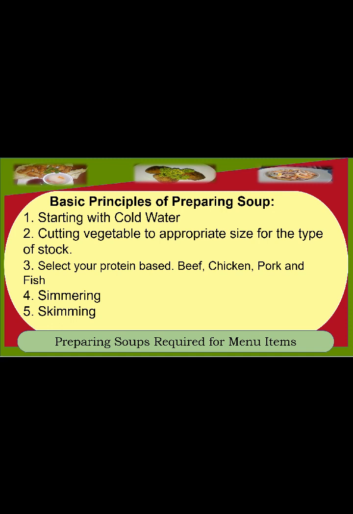So, most probably the size of the cut vegetables are maybe thinner or maybe smaller compared to the stock that we're going to use. For example, a brown stock. Brown stock, we're going to simmer that one for 4 to 6 hours. So, longer times. So, maybe the size of the cut vegetables are thicker or bigger than the other one.